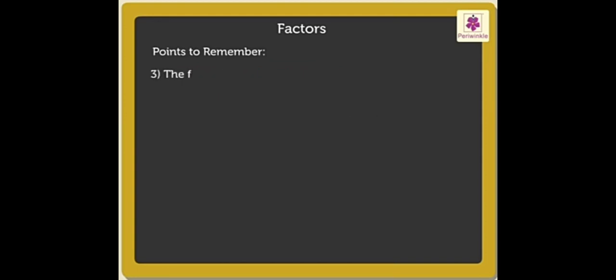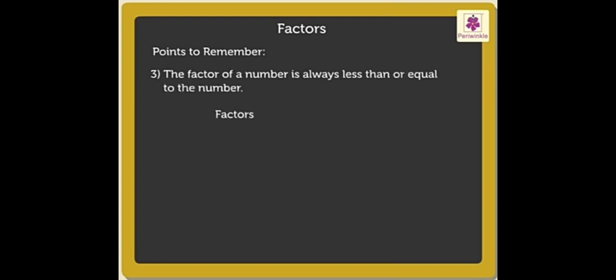3. The factor of a number is always less than or equal to the number. Look at the factors of 12 which we found out earlier. They are 1, 2, 3, 4, 6 and 12.